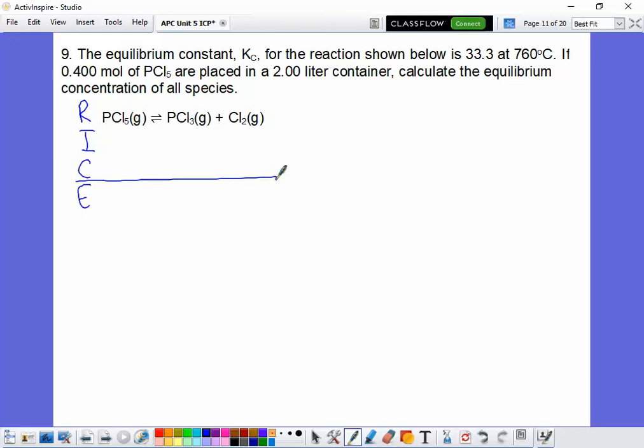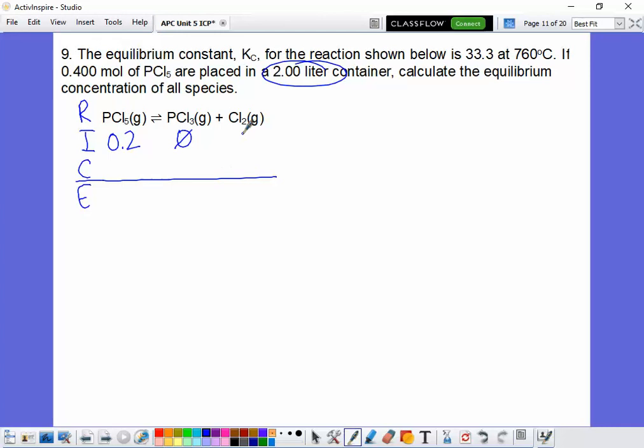So, what is my initial concentration of PCl5? Don't get tricked. 0.2. Because we have 2 liters. What about PCl3? 0. It doesn't explicitly state it, so we don't have any.